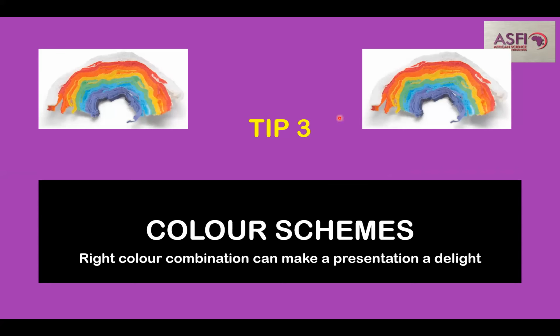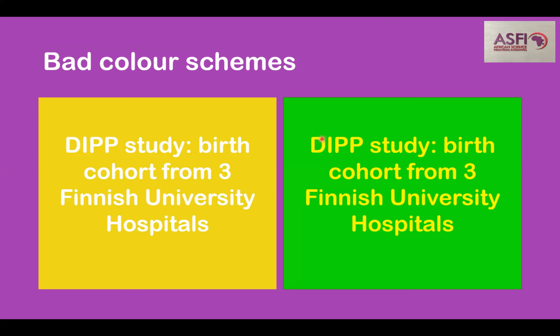The rainbows here, the black color here, the white color in the black, the yellow color in the purple. This is good. Well, at least it can be better. Okay. Now look at what is here. These are bad color schemes.